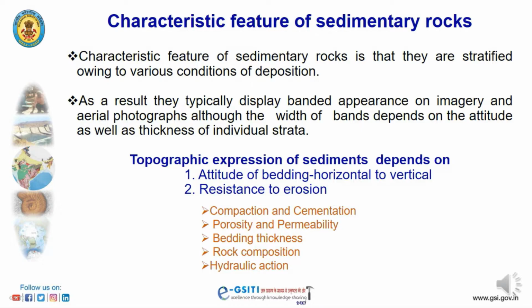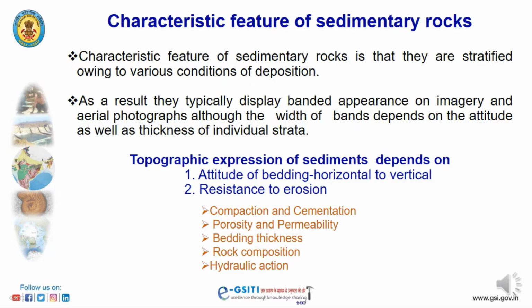Image interpretation of sedimentary rocks. A characteristic feature of sedimentary rock is that they are stratified owing to various conditions of deposition. As a result, they typically display a banded appearance on photograph and satellite imagery, although the width of bands depends on the attitude as well as thickness of individual strata.